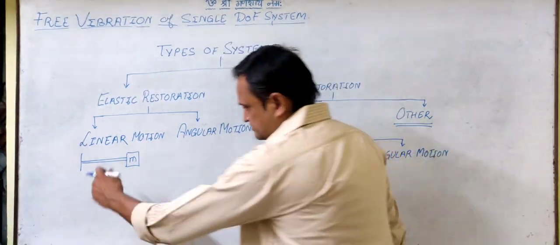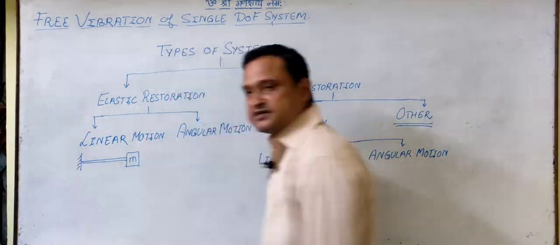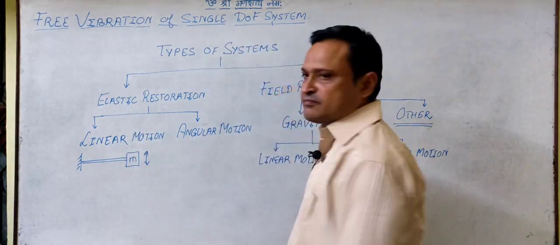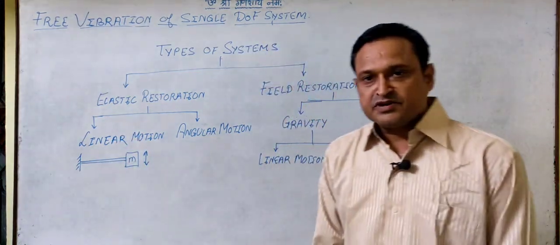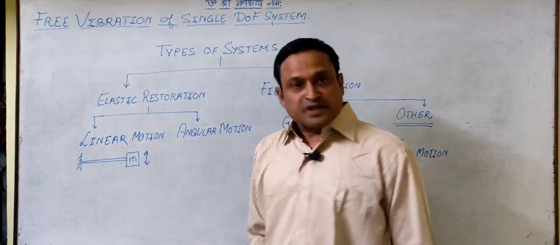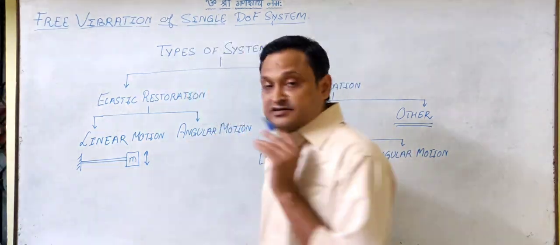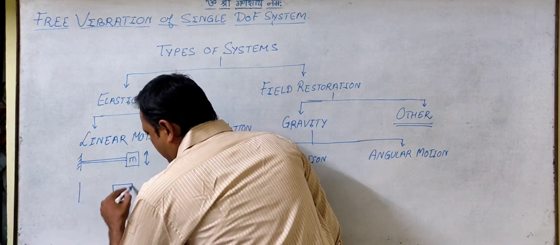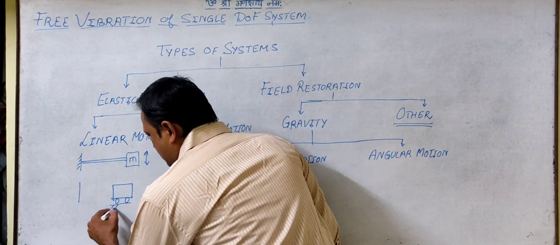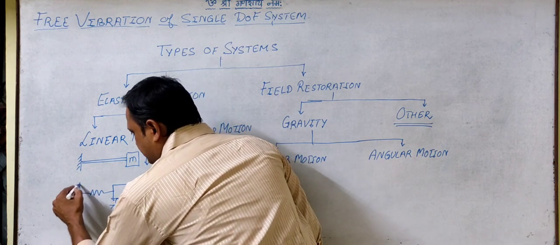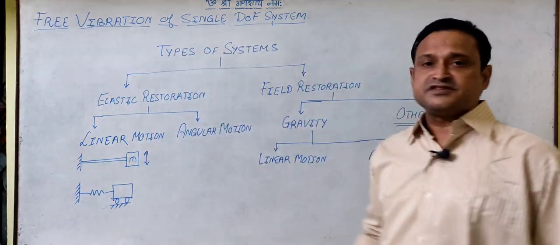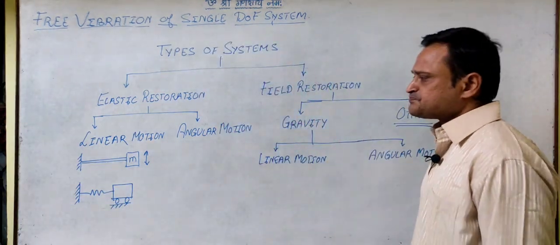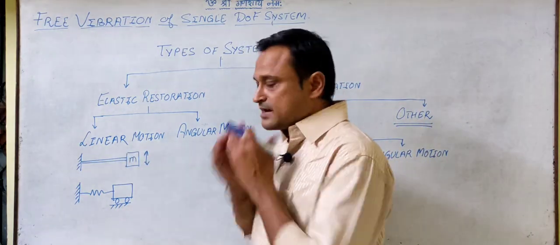In linear motion we can see this example: there is a cantilever beam having some length and there is a concentrated mass at the end. The motion is linear, but it is perpendicular to the longitudinal axis, so we will put this into transverse vibration. We are taking this as an undamped system, so I am not showing any damper; maybe natural damping we can consider.